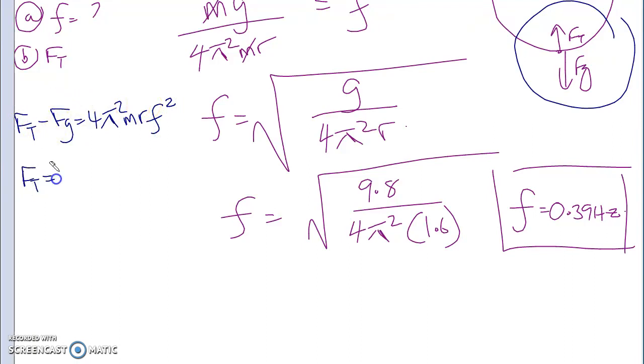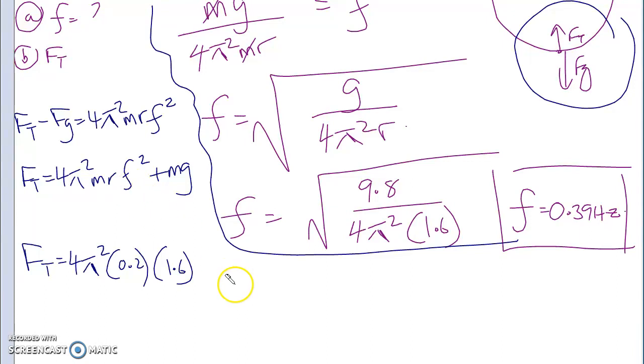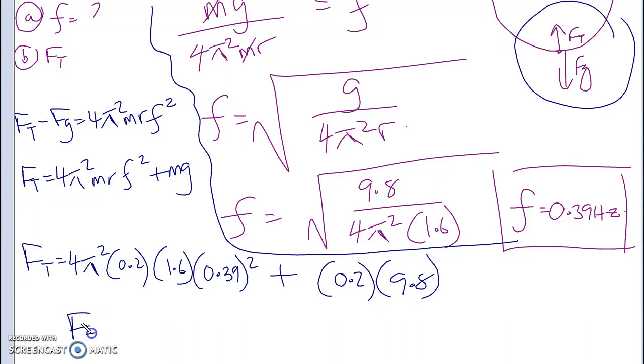So Ft equals 4 pi squared m r F squared plus mg. Okay, so Ft equals 4 pi squared times m, which is 0.2, r, which is 1.6, F 0.39 squared. So if you had messed up on part A, you would have got part B incorrect. Plus 0.2 times 9.8.